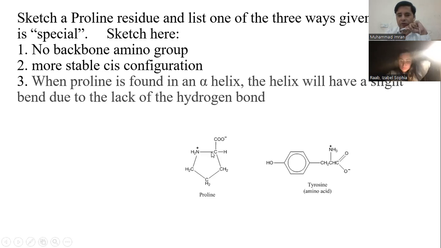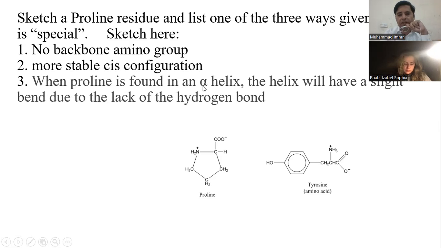Because the amino group attaches with the methyl group, and due to fewer hydrogen atoms, it prefers the cis configuration, because it is an imino acid, not an amino acid. It prefers cis because of only one hydrogen atom involved in bonding.